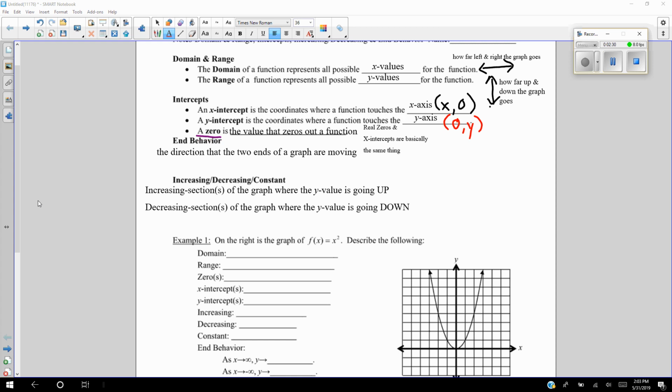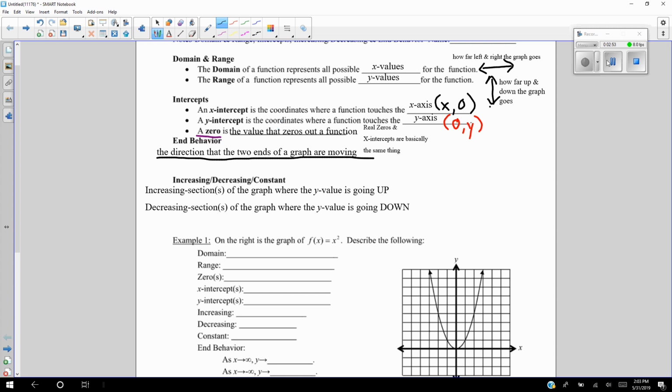And then finally, end behavior and increasing, decreasing, constant. So end behavior, first off, is the direction that the two ends of a graph are moving. So it's literally how the two ends of the graph are behaving. We use the word moving, but it's behaving, again, one of those interchangeable words.